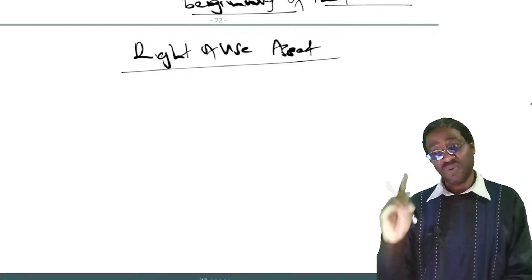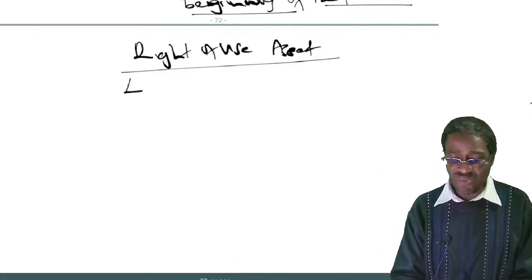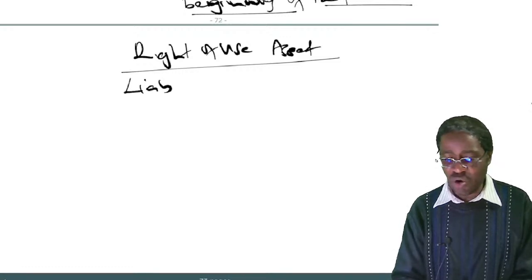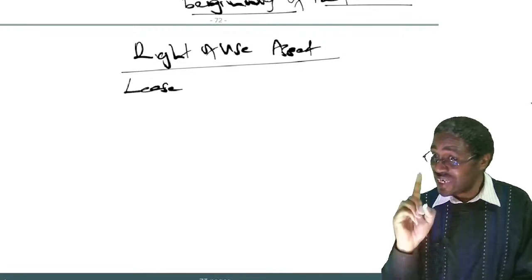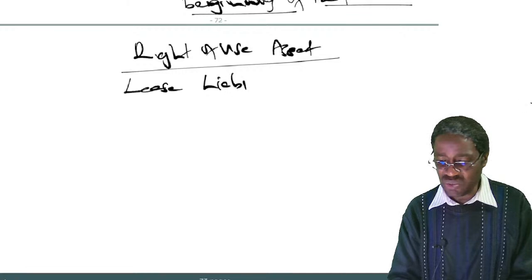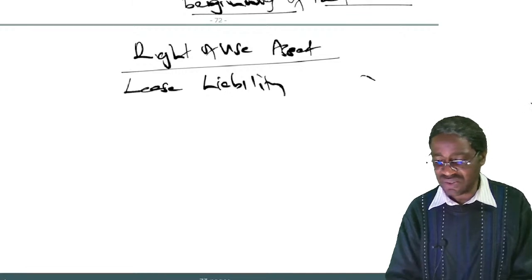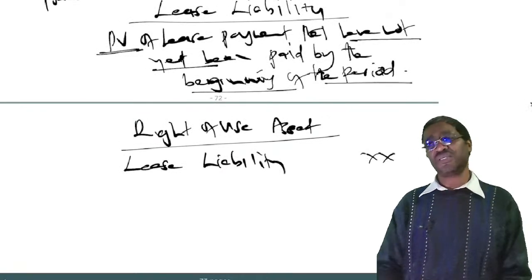Good. One, there are several components. One of them is the amount we are calling the lease liability. To get the right of use asset amount, you use one amount we are calling lease liability, which is this amount that you just got up there.